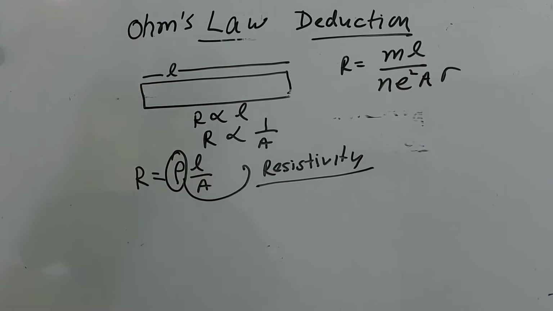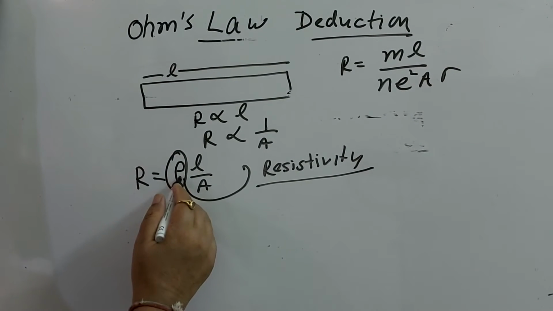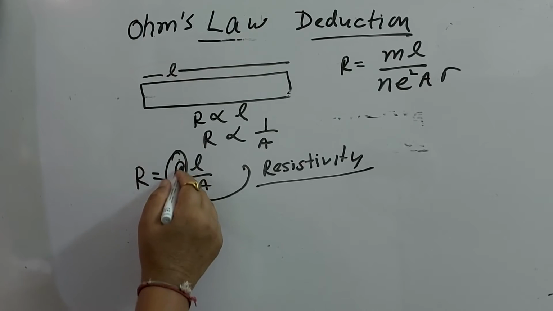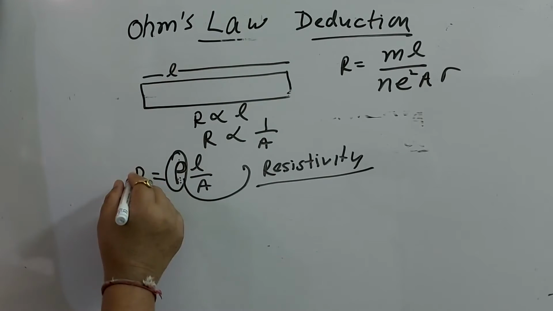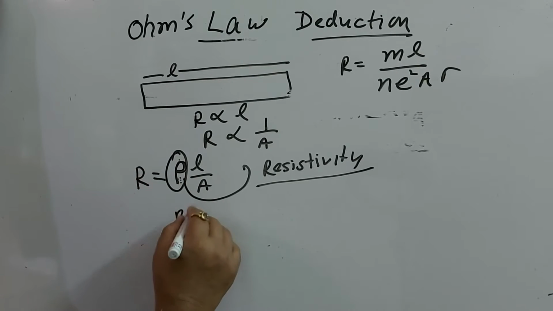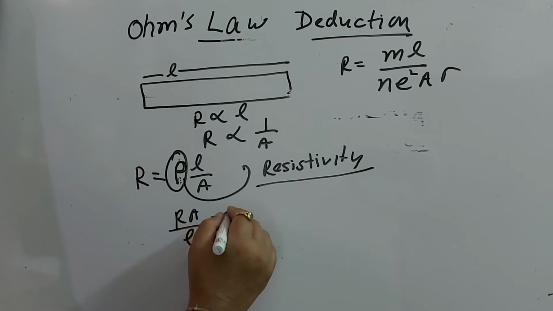This is resistivity, and this resistivity rho is equal to RA by L.